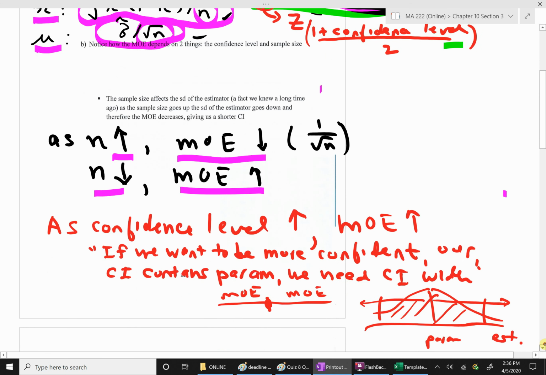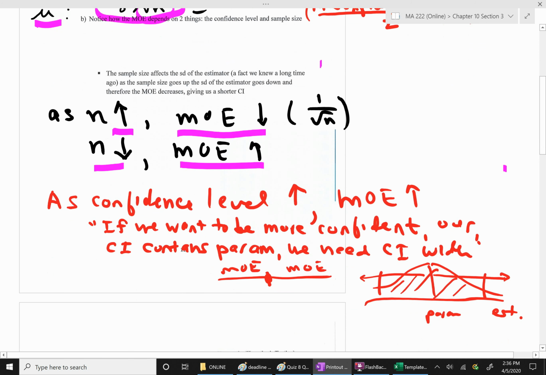And one way that people generally think about this is we say something along the lines that if we want to be more confident that our confidence interval contains the true parameter value, what should we do to the confidence interval? Well, we should make it wider, right? If we had a wider confidence interval, we'd be more confident that it contained the parameter value. And that's one way of rationalizing this, okay? So our error bar around our sample estimator should get wider.